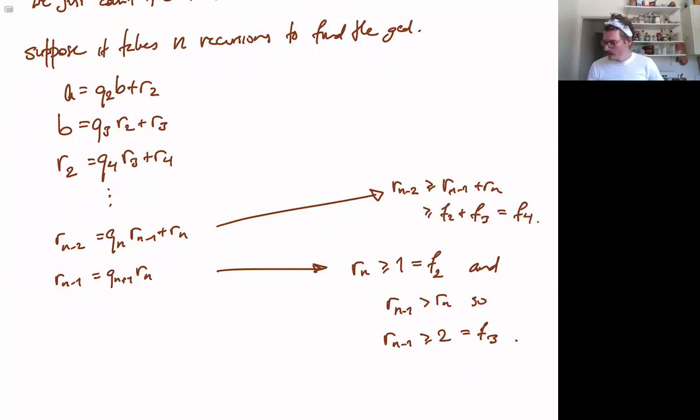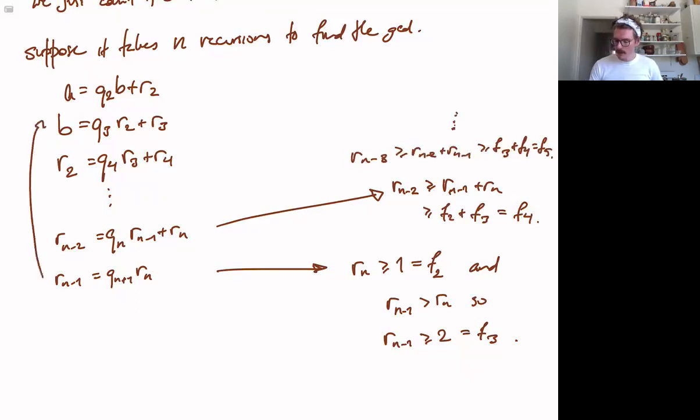And similarly, Rn minus 3 is greater than or equal to Rn minus 2 plus Rn minus 1, which is greater than or equal to F3 plus F4, which is F5. And if we work our way all the way back up the tower, what we find in the end is that B is greater than or equal to R2 plus R3.